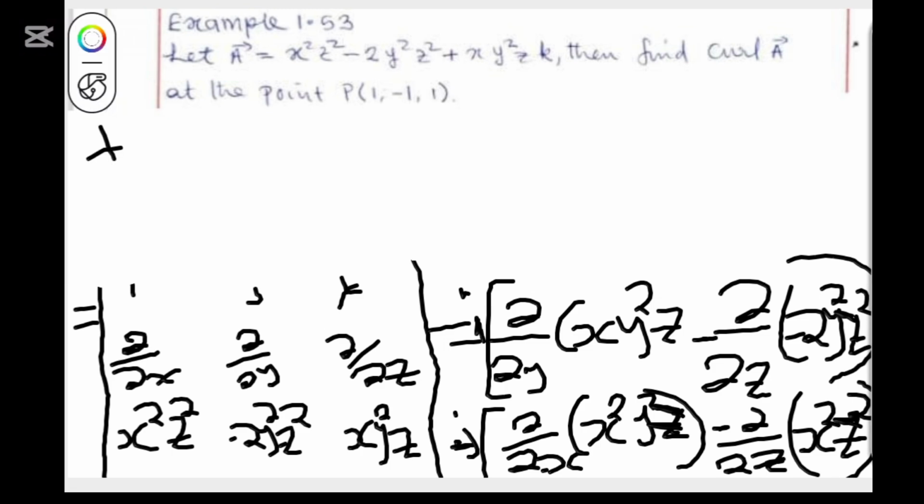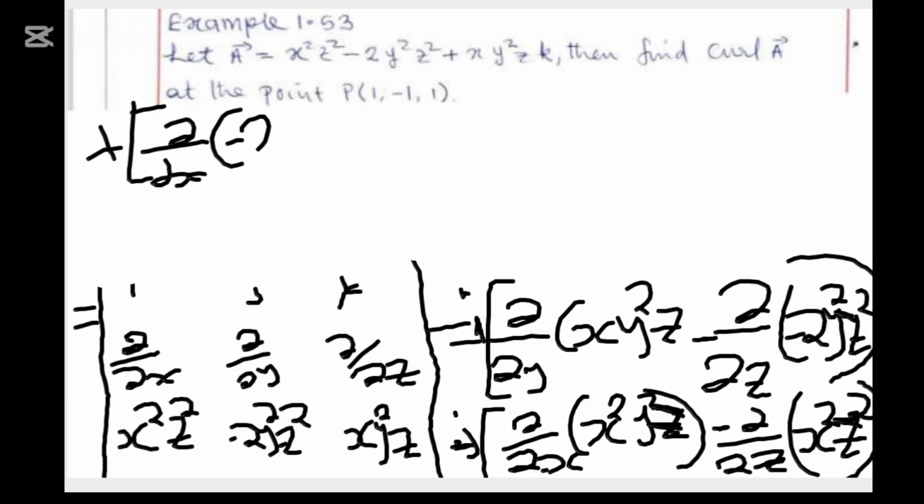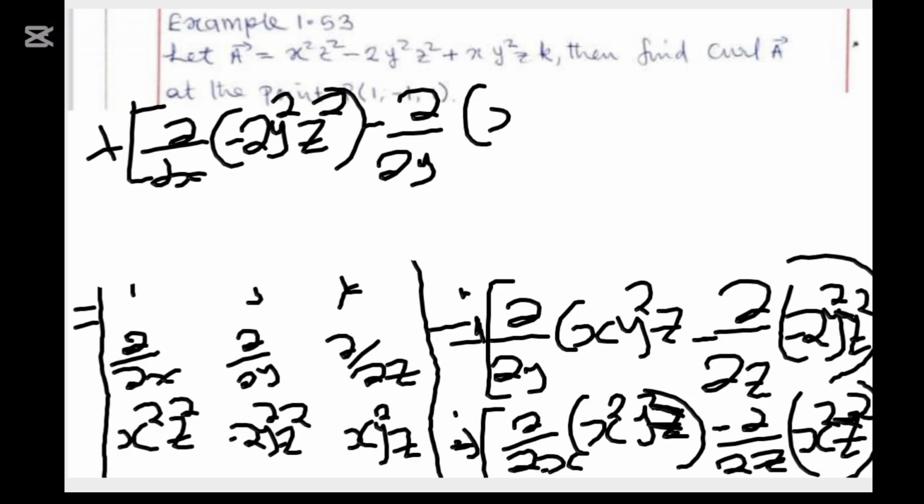For k, I'll say plus the partial of x of negative 2y squared z squared minus the partial of y of x squared z squared. So this is for k.